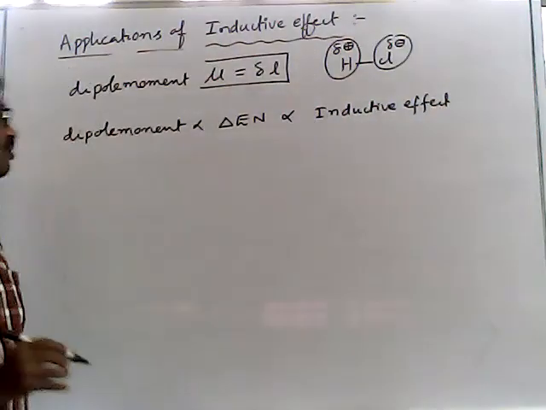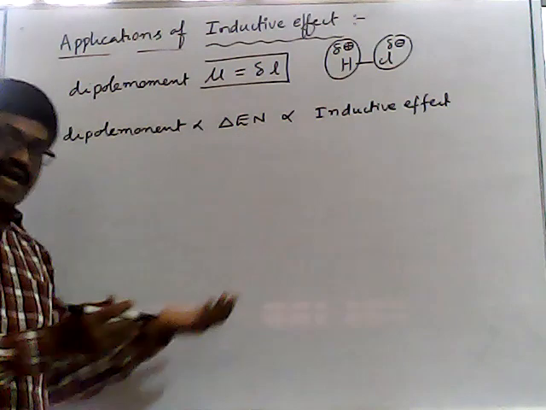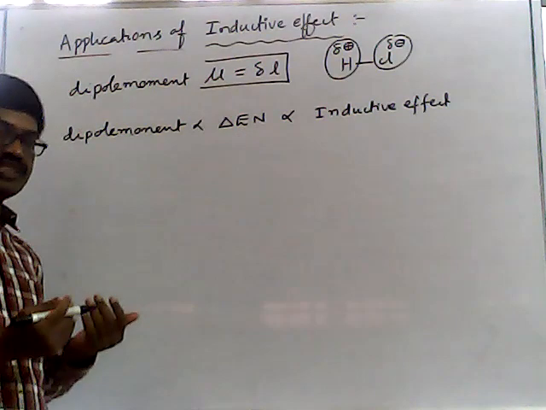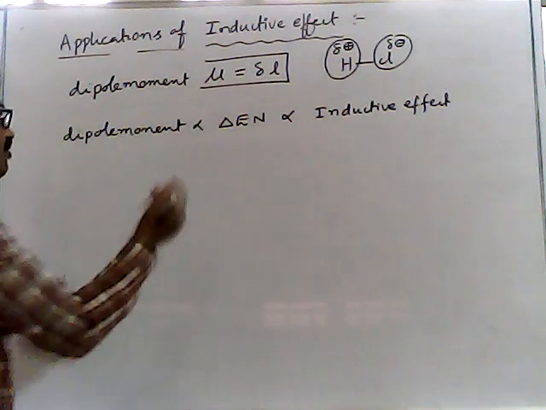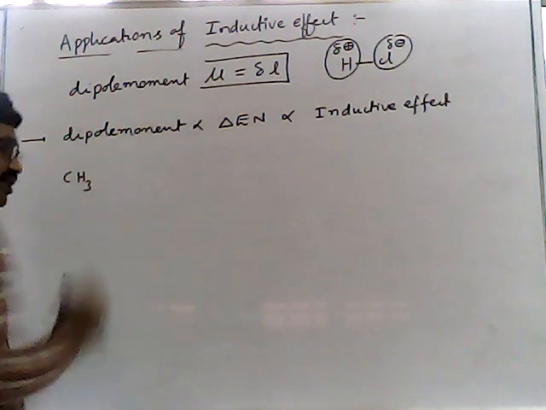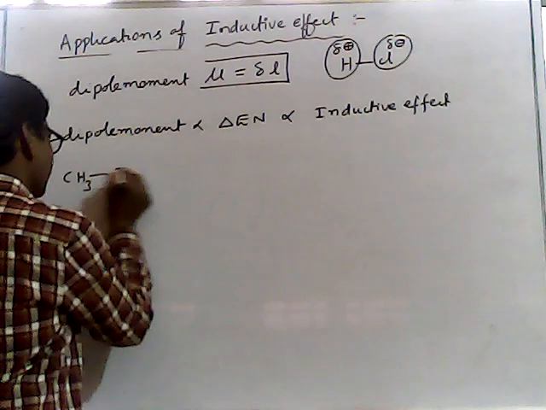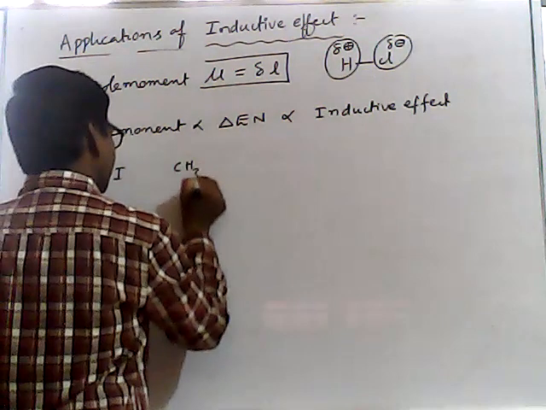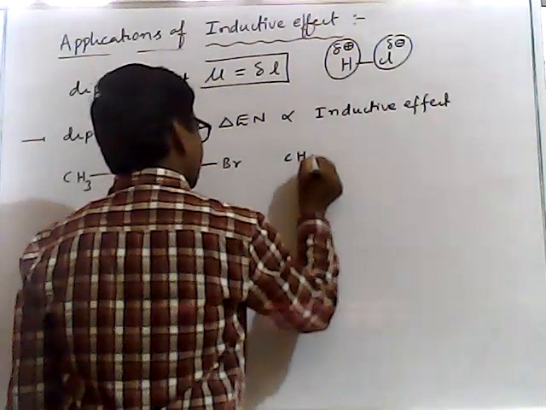If electronegativity is more, that atom can attract sigma electrons towards itself, so we can expect inductive effect also more. From the same concept, here I am writing CH3I, CH3Br, and CH3Cl.